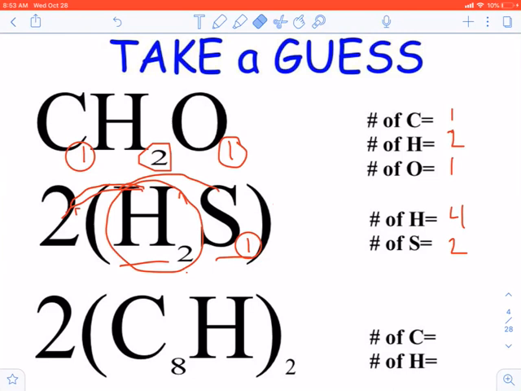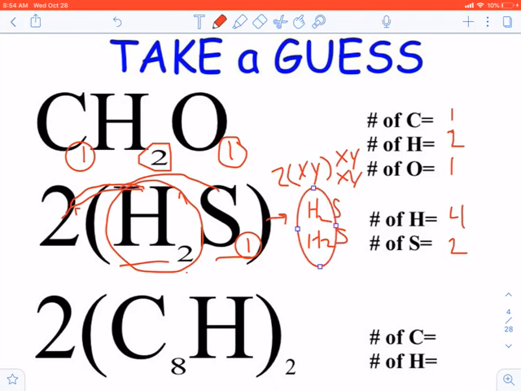What this thing's really saying, just like before with the x and the y, where we literally had the 2 out here in front, really that means there is xy, xy, which means there's 2 x's and 2 y's. Well, this literally means that there's an H2S and an H2S. And there are now 4 H's and 2 S's, which is what we've written over here.